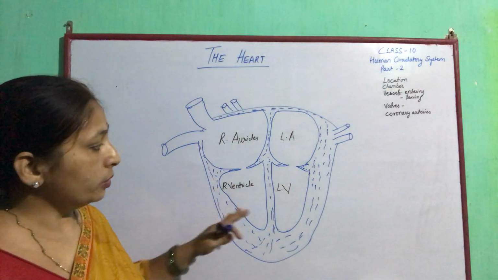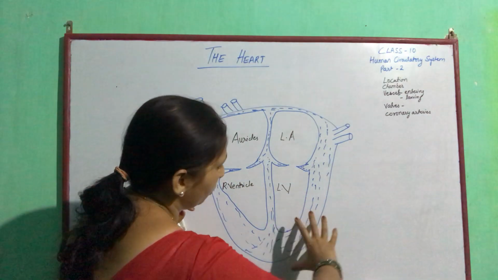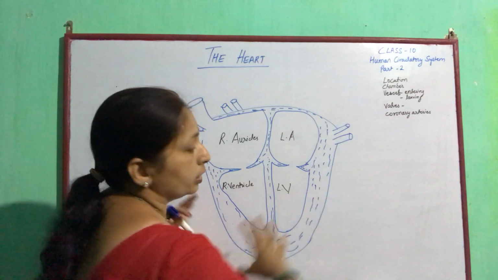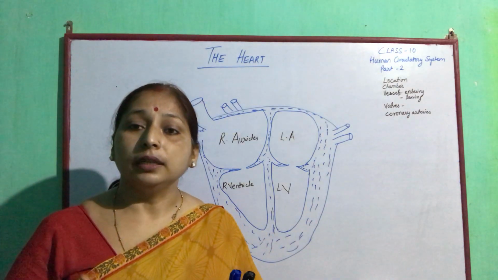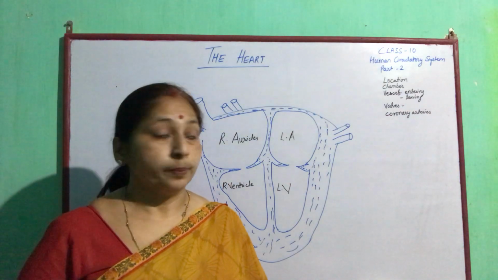Since it is a triangular muscular organ, its lower part is tilted towards the left, which gives a feeling that the heart is located on the left side of our body.